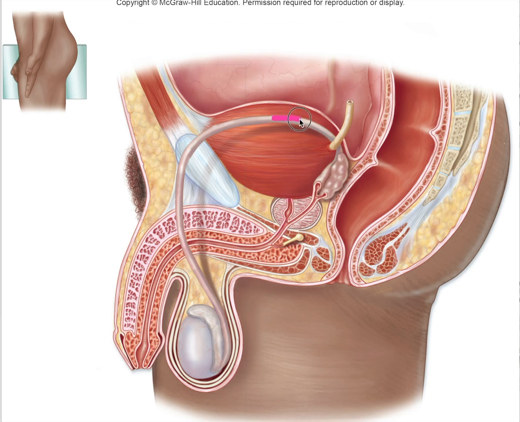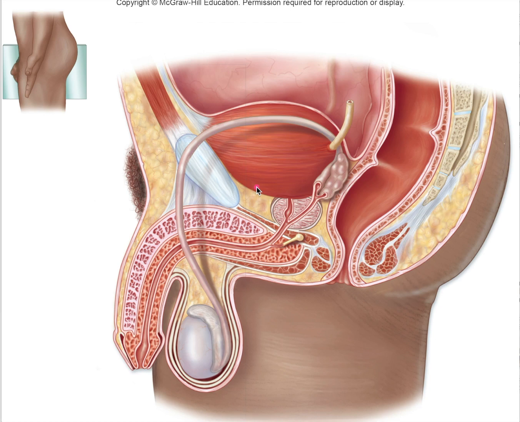So at this point in the ductus deferens, all we have are sperm. So there's a lot more components to ejaculate than just sperm. So there are some structures along the way which add components to the ejaculate. So then it's called semen.